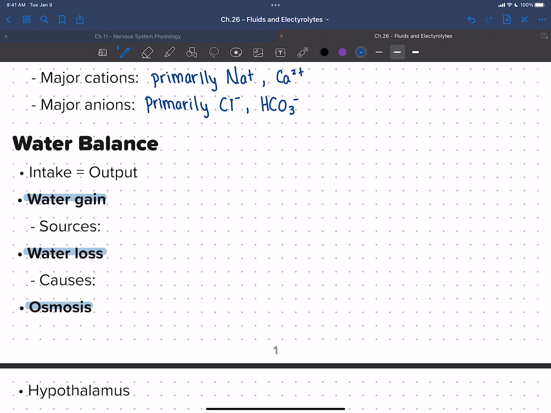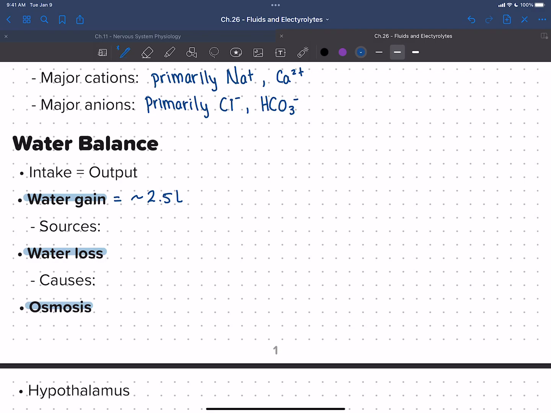All right, so with water and keeping it balanced, obviously that means that the amount of water you take in should equal the amount of water that you put out. All right, so let's talk about some different sources of taking water in versus losing water. Okay, so water gain, obviously these are ways that we acquire water in our body, and it's typically around 2.5 liters a day.